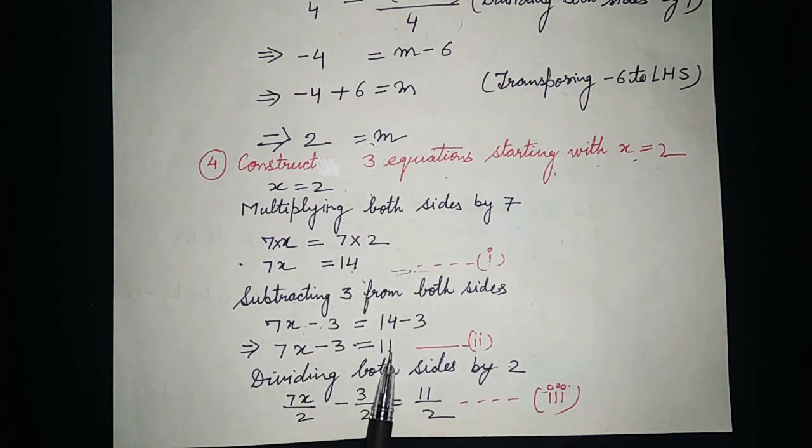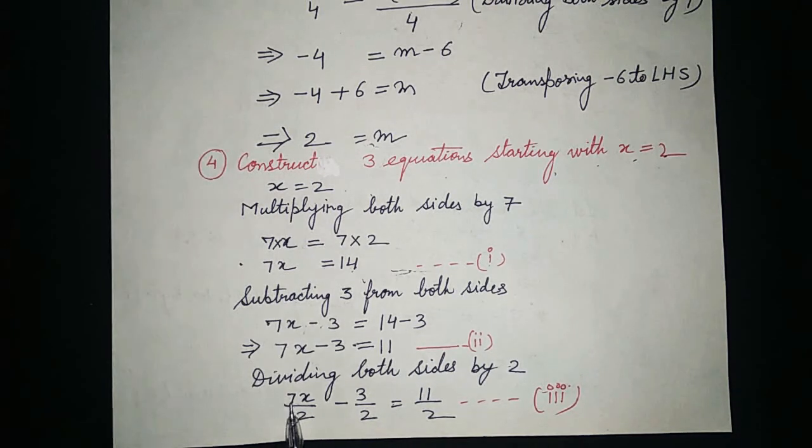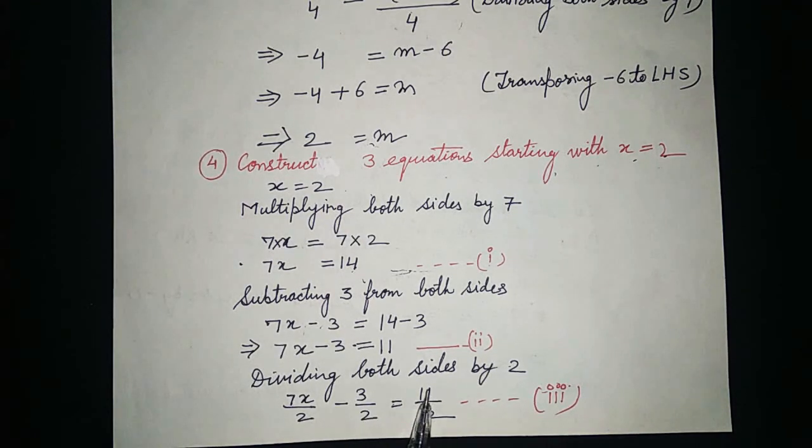We will divide both the sides of the equation by 2. Now here 7x we will divide by 2, 3 we will divide by 2, and on the right hand side 11 we will divide by 2. So 7x upon 2 minus 3 upon 2 is equal to 11 upon 2 is the third equation.